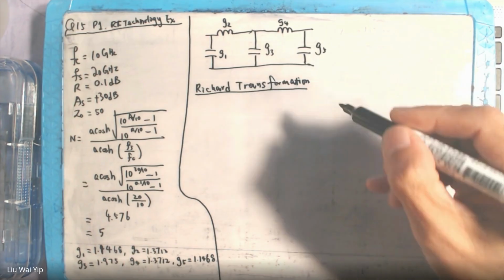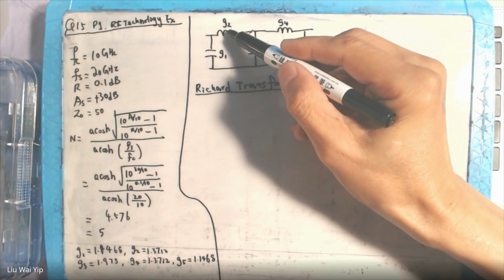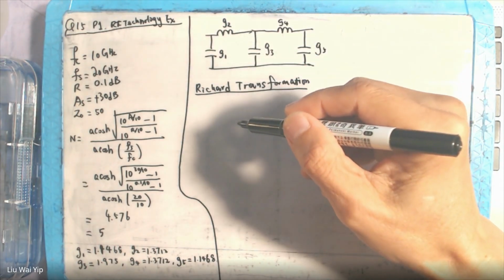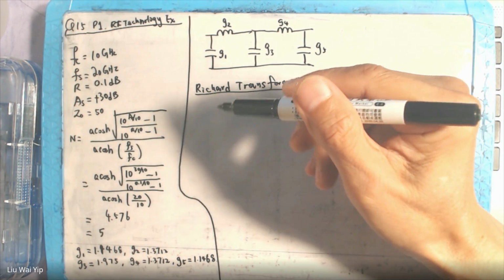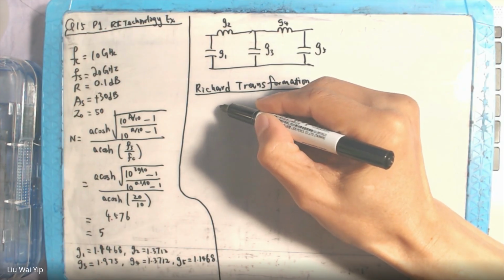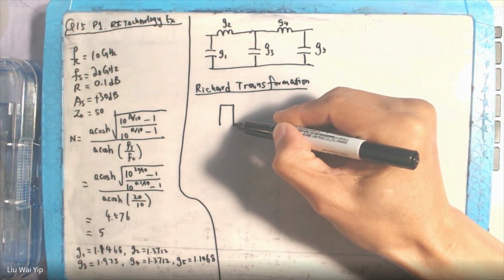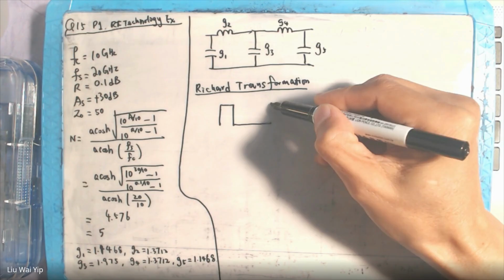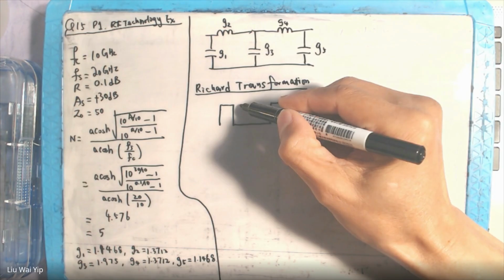In this step, you are going to replace the inductor with a short circuit stub with the stub length 45 degrees. So you will get this, and this. The length here is 45 degrees.